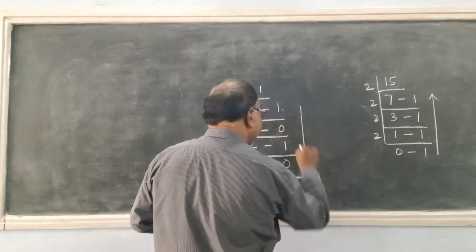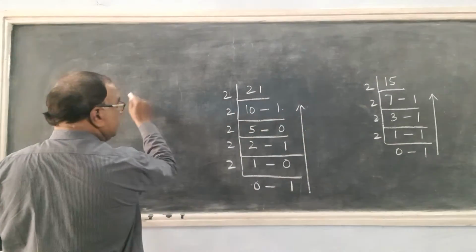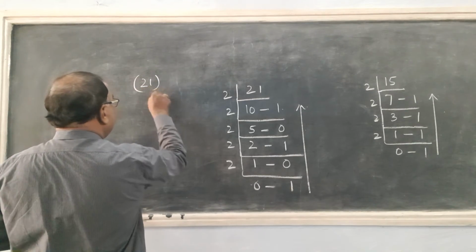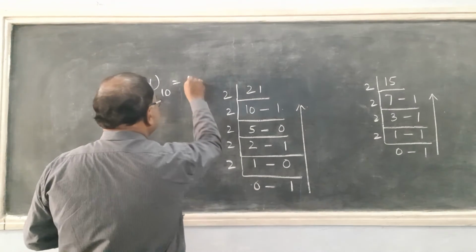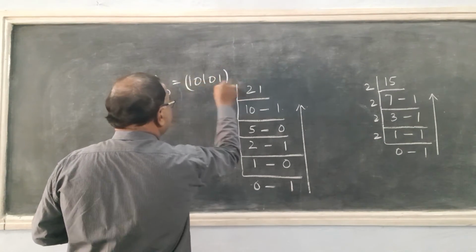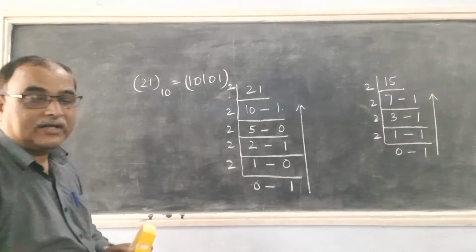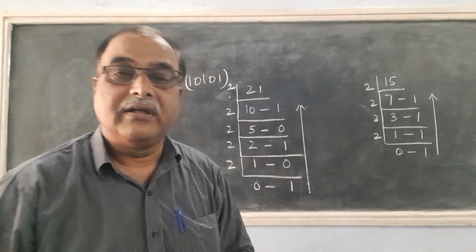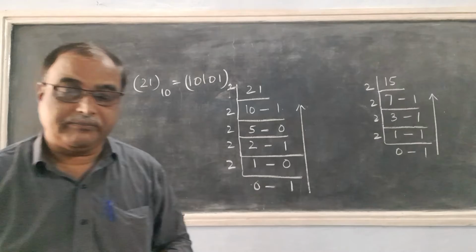So write this within the bracket. So 21 in decimal number can be written as 10101 in binary. Okay. So this is how you can represent or convert a given decimal number into a binary number.